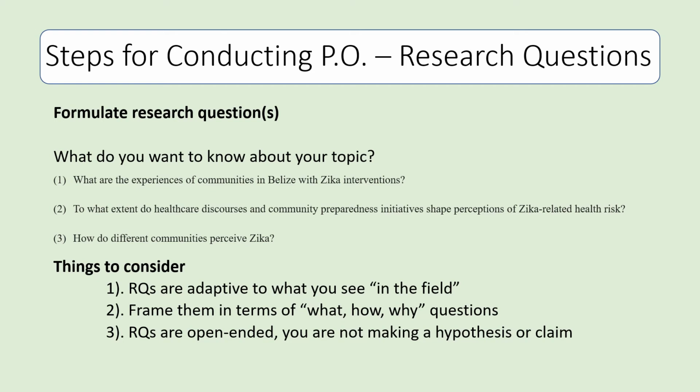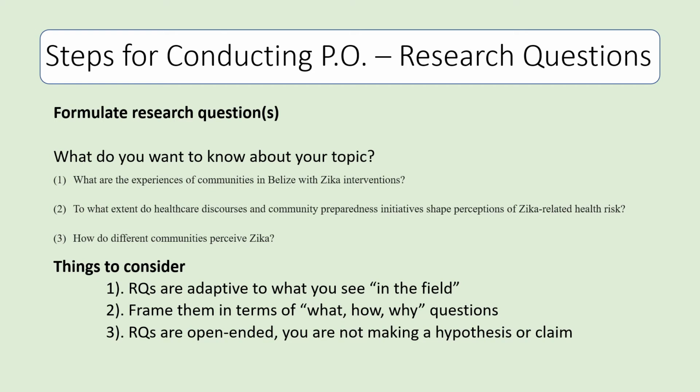Basically, in a span of a few months, a disease that was never before seen in Belize was declared to be endemic in the community where I do research. What does that mean, and how do individuals perceive the government's role in trying to reduce or prevent the spread of Zika virus? And this also ties into the last question, which is how do different communities perceive Zika?